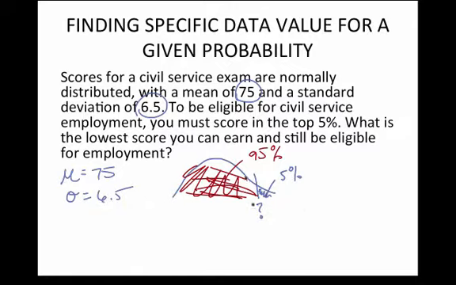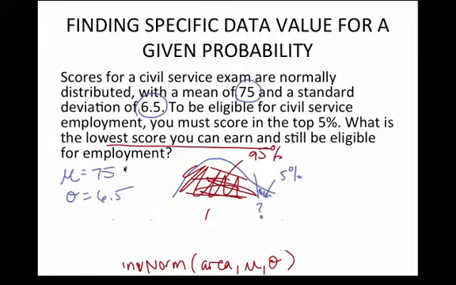So if it's all the way on the right, you have to do 1 minus that area. We're going to use our inverse norm here, and we're going to do our area, then the mean and then the standard deviation, and that's going to give us our x value. What are we answering? The lowest score you can earn and still be eligible for employment.